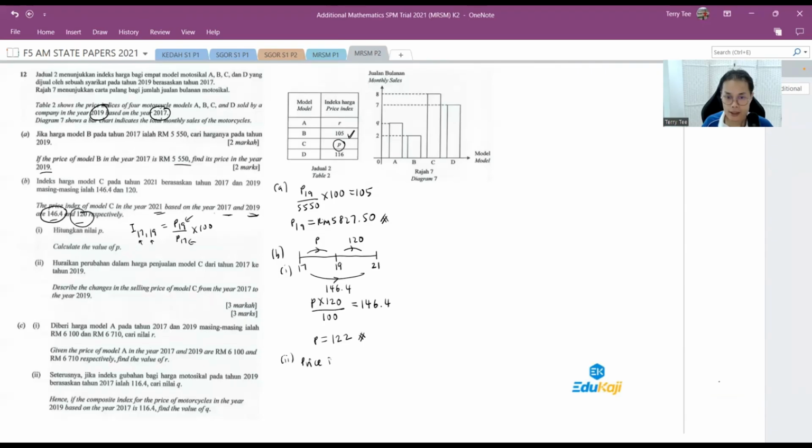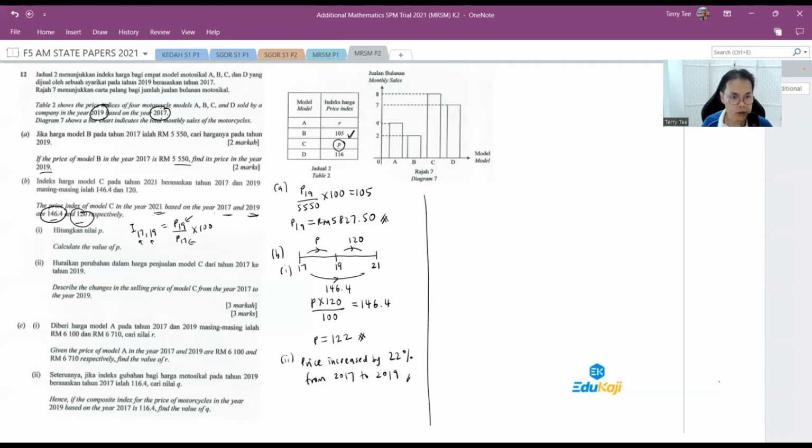You can say the price increased by 22%, from 2017 to 2019. Remember, anything more than 100 is an increase. Anything less than 100 means it's reducing. Okay. Next one, part C.